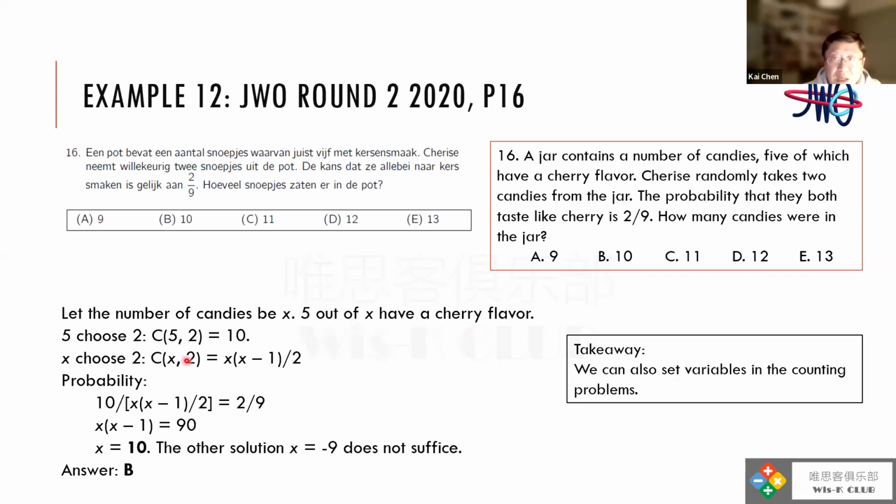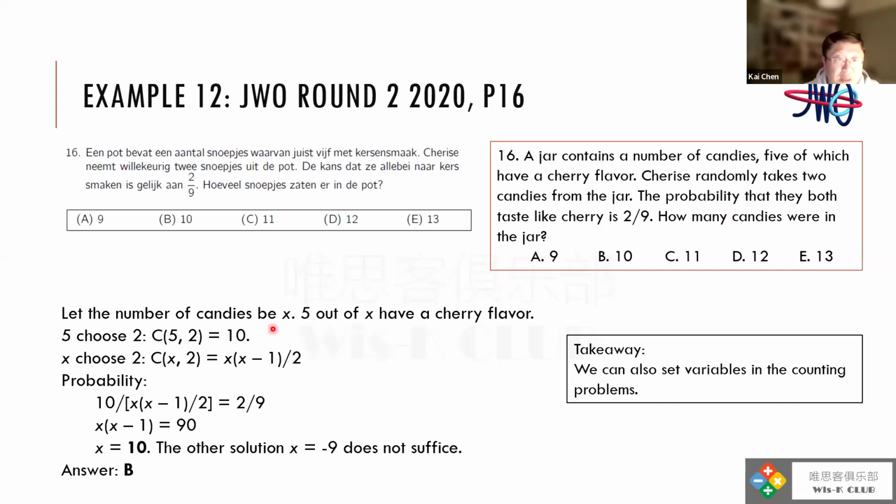Then how many ways can she pick 2 out of the 5 cherry-flavored candies? Choosing 2 out of 5 is 10.